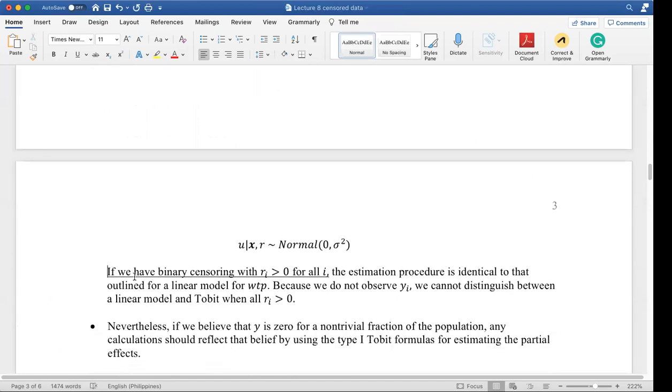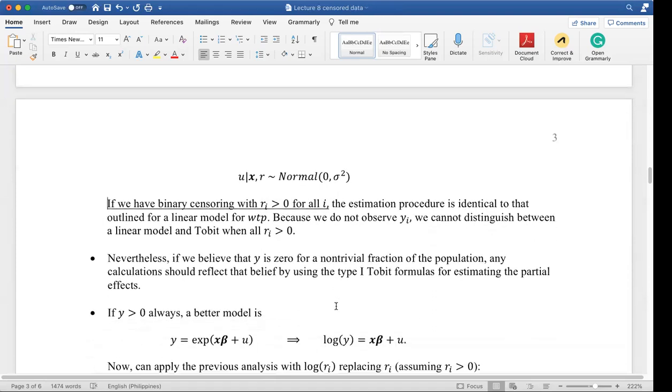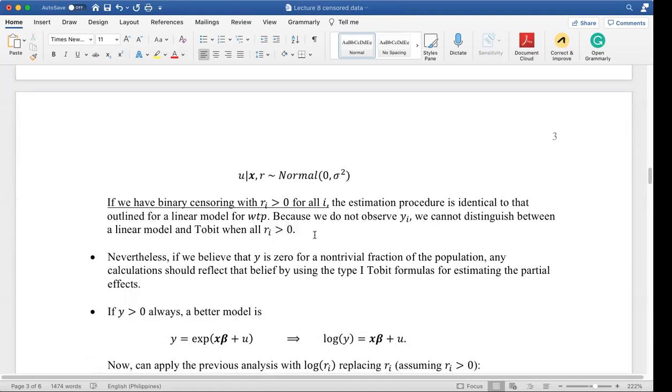Note that if we have binary censoring with R sub I greater than 0, that is, the project cost offered is always positive for all I, the estimation procedure is identical to that outlined for the linear model. Because we do not observe y sub I, we cannot distinguish between a linear model and a Tobit model when all R sub I are greater than or equal to 0.